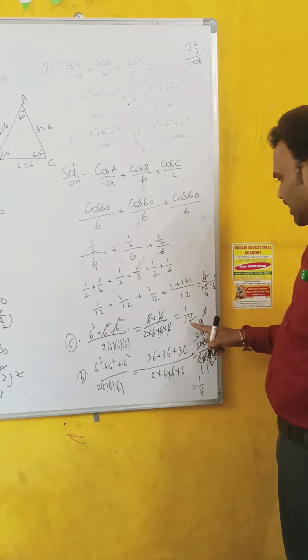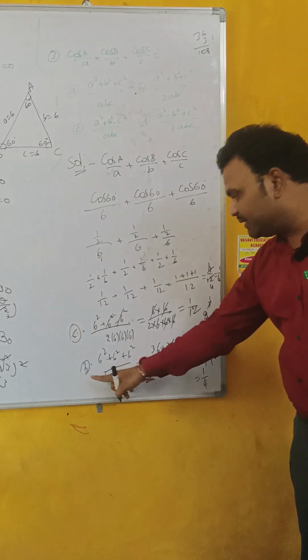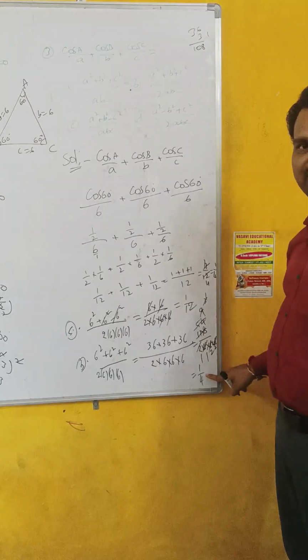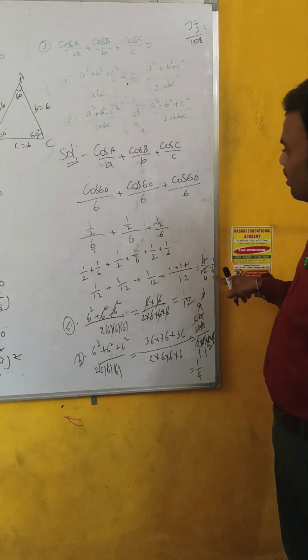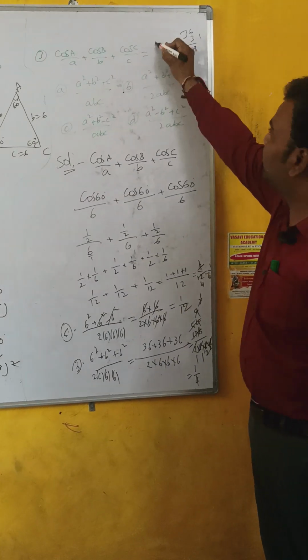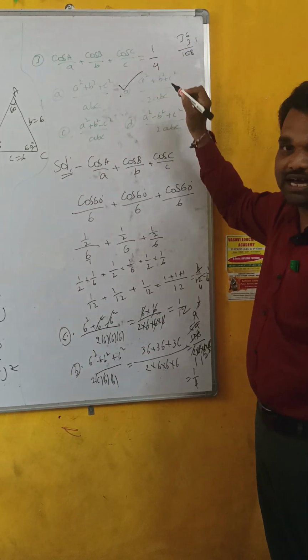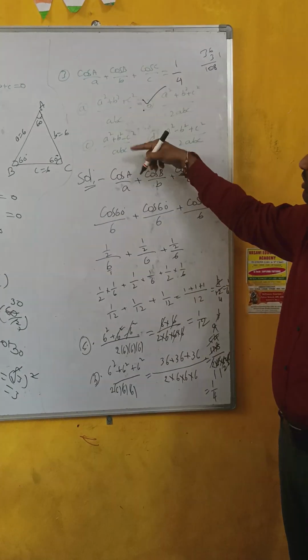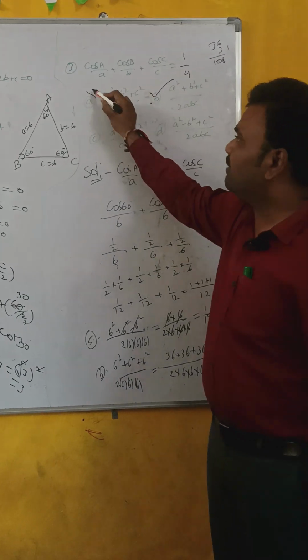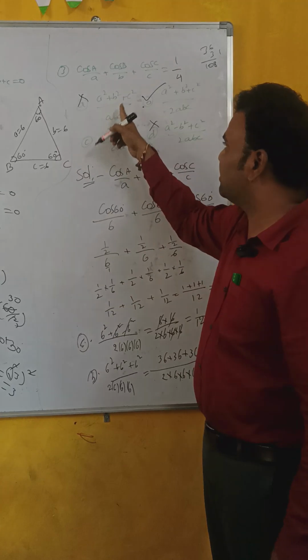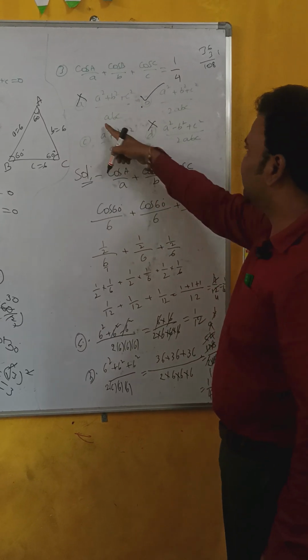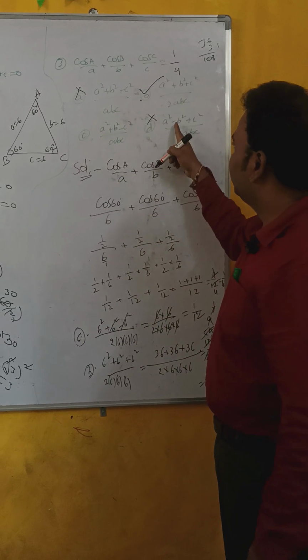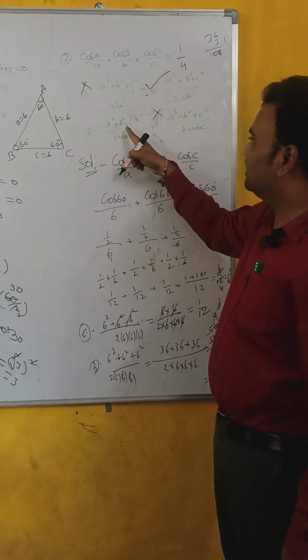Option C gives the answer 1 by 12, but option B gives 1 by 4. Your answer also got 1 by 4, so the trick is applicable and option B is correct: 1 by 4. If you take the remaining options A and D, they are 100% wrong because here there is minus b square, and here there is minus c square.